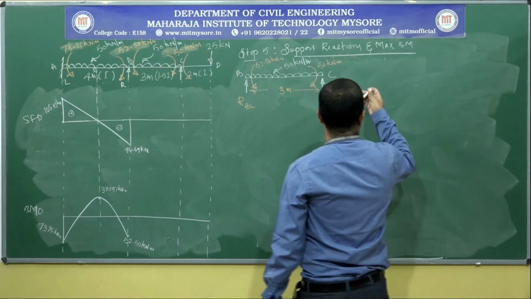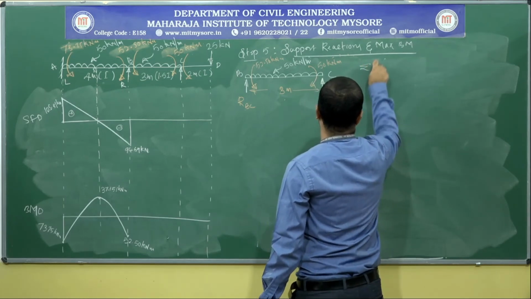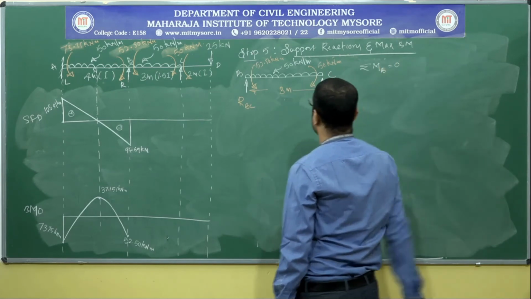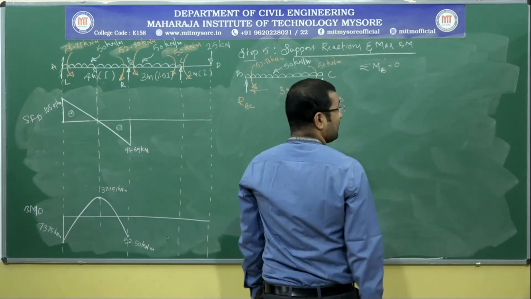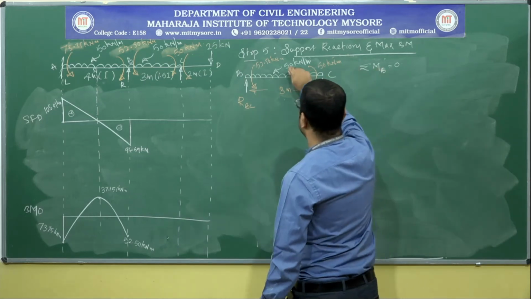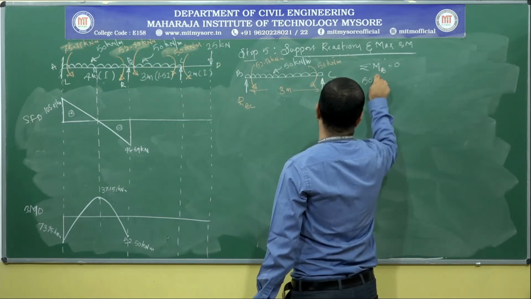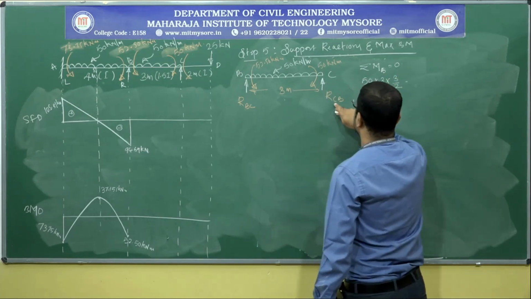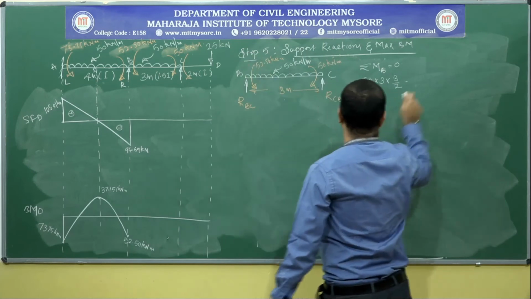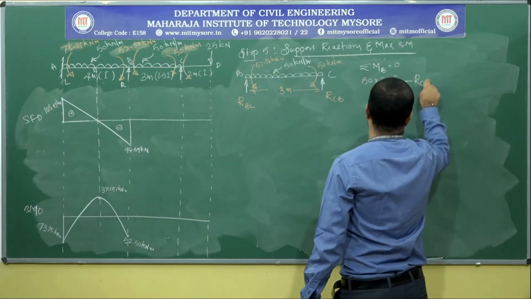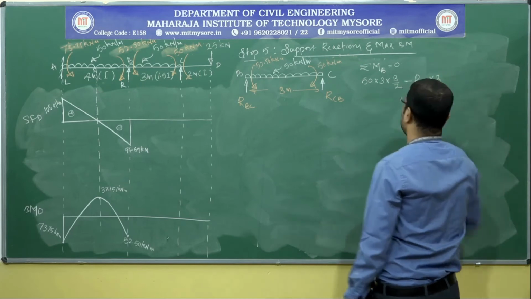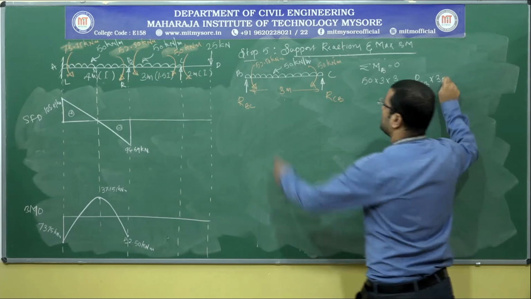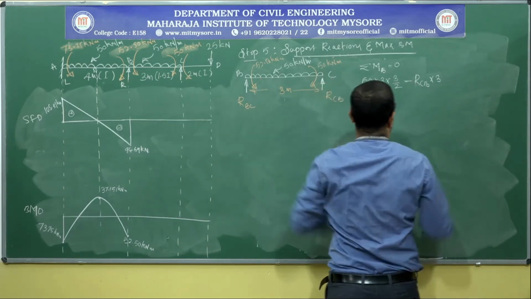To do that, let me impose the moment condition about B and equate it to 0. So if I impose moment condition about B, then this 50 kilonewton per meter UDL creates a clockwise moment. So 50 into 3 into 3 by 2. This RCB creates an anticlockwise moment, so it is minus RCB into perpendicular distance 3. Apart from these two forces, we have one anticlockwise moment and another one clockwise moment.